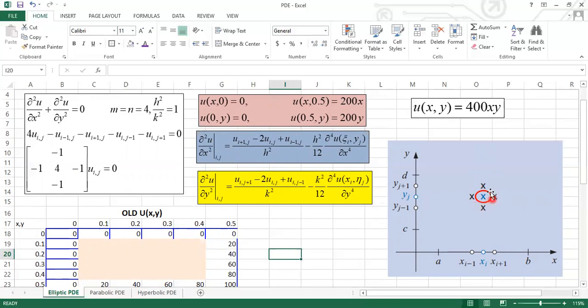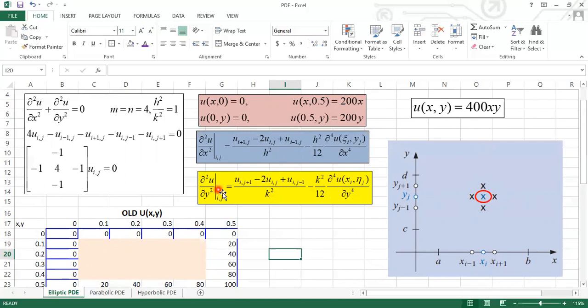So it means the derivative at the central point, at point ij, is computed by using the values: one value at the left, one value at the right, and one at the central point uij.